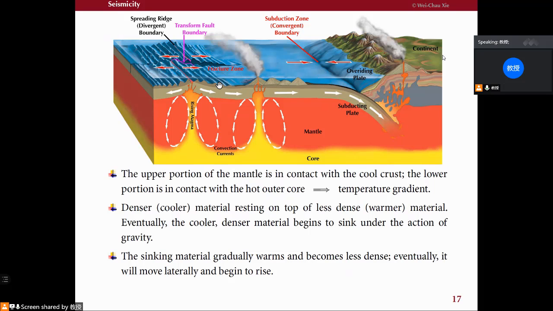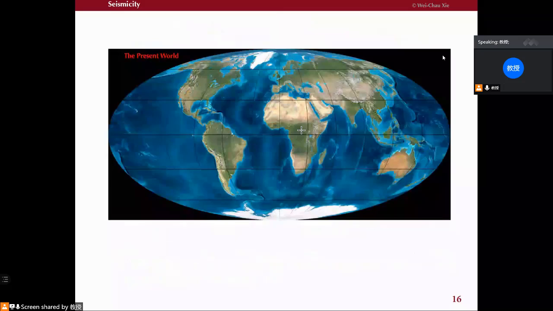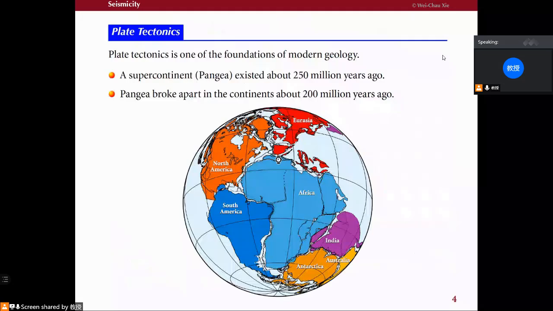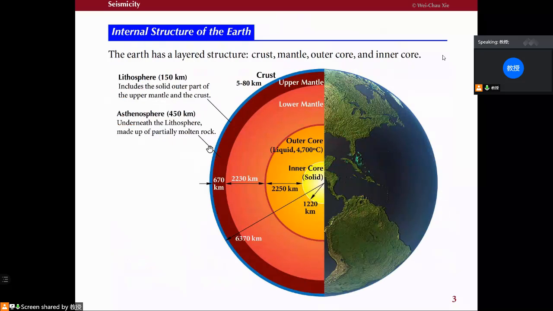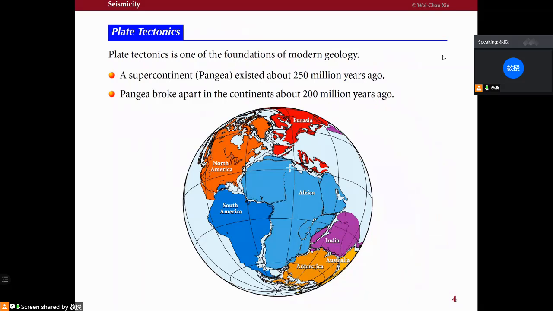The outer part of the Earth is cool, and the lower part of the mantle is in contact with the hot outer core. So there's a temperature difference or temperature gradient from the crust to the outer core.